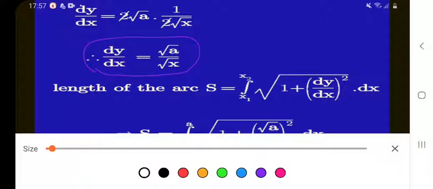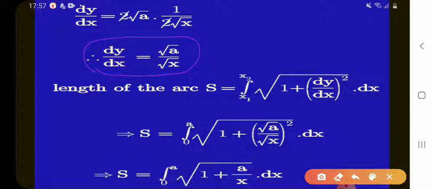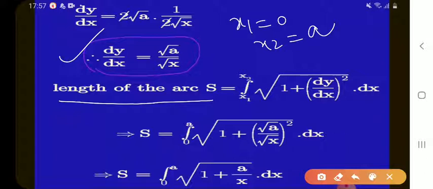Next, see. Now we have limit values x1 equals 0 and x2 equals a as the limit points, and we have the derivative also. So I write the formula of length of the arc in Cartesian form. What is the formula here? S equals integral x1 to x2 root 1 plus dy by dx whole square dx.